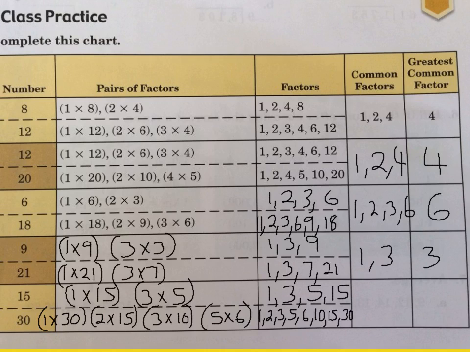Our common factors would be 1, 3, 5, and 15. And our greatest common factor will be 15.